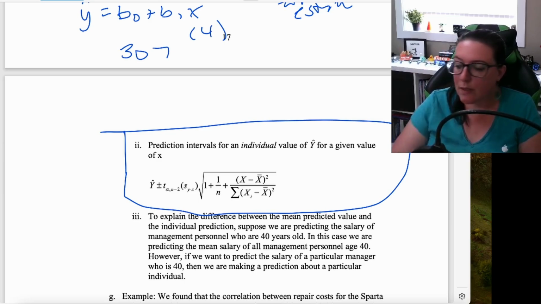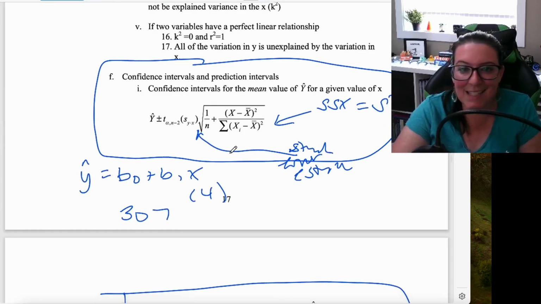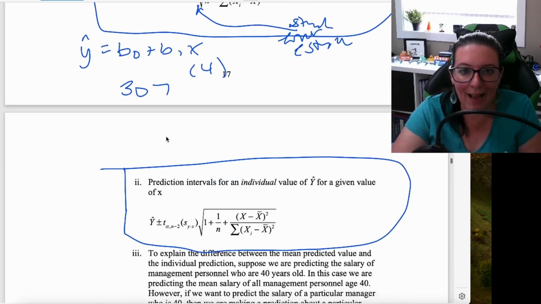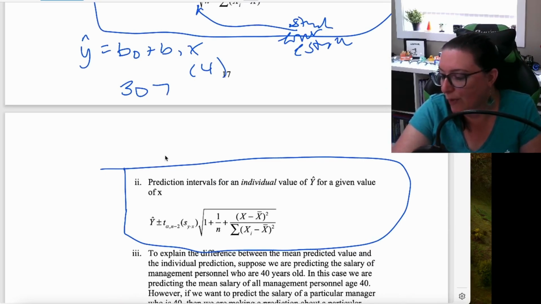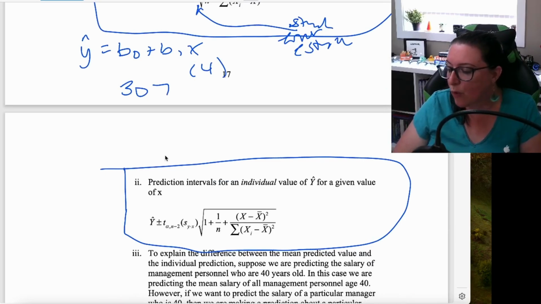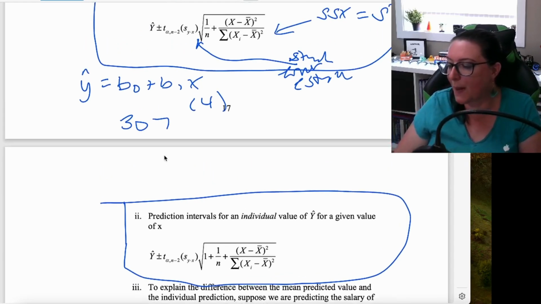So this was a confidence interval for an existing value of x and the y hat. This is a prediction interval for an individual value of y hat for a given value of x. Notice that this formula looks the same as the other formula, with the exception of an additional 1 here.